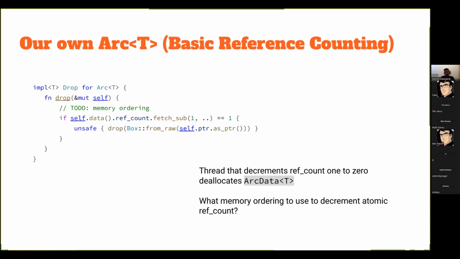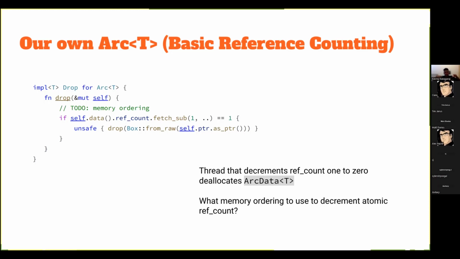There is one subtlety here, though. What memory order do we use here? Let's think about that for a while. If we use relaxed ordering, then let's say there are multiple threads trying to drop, done with their Arc clones. If we don't have any memory ordering, then this can happen in any order, right?